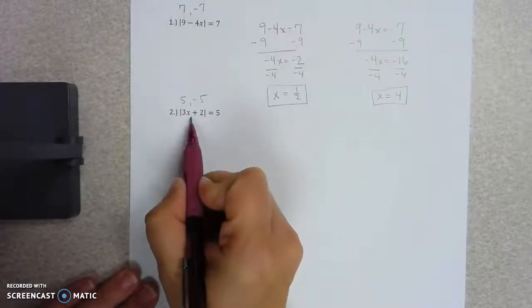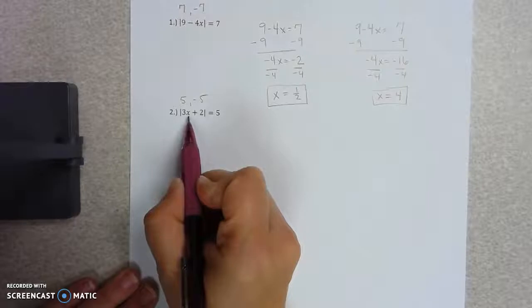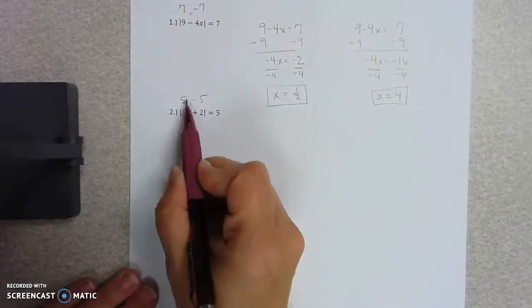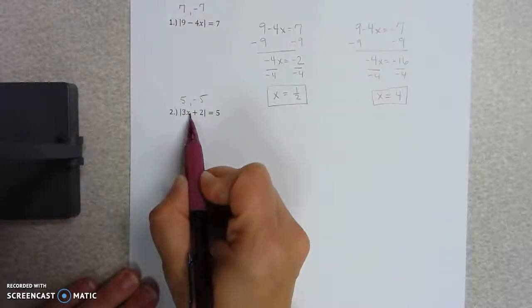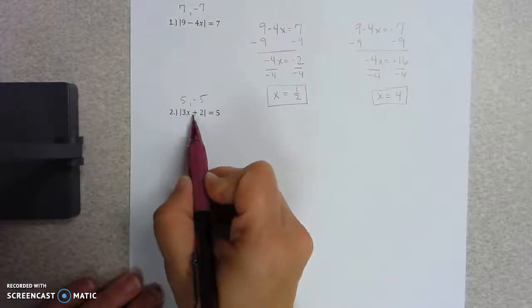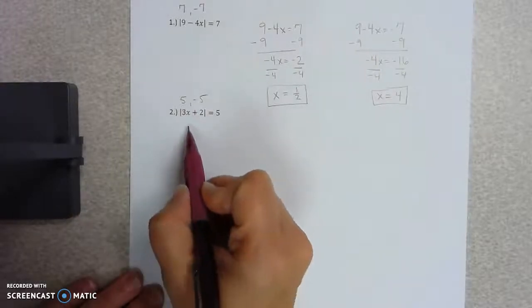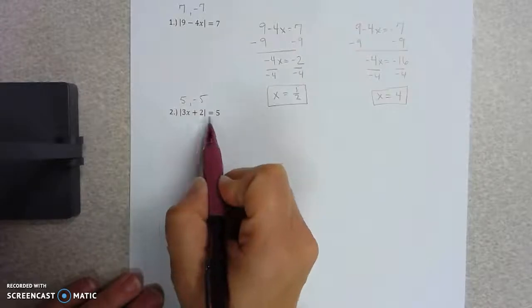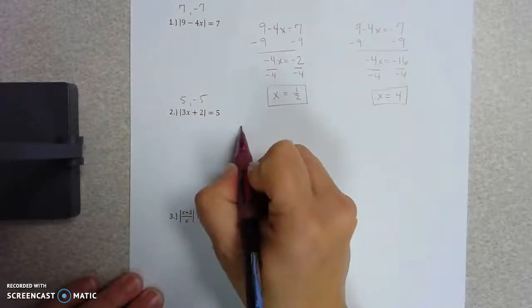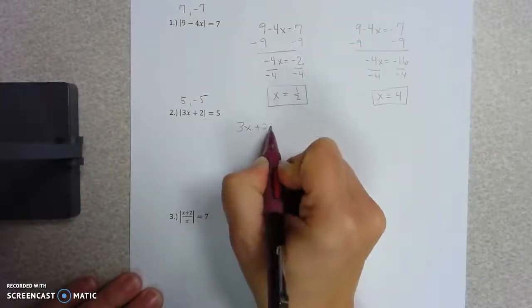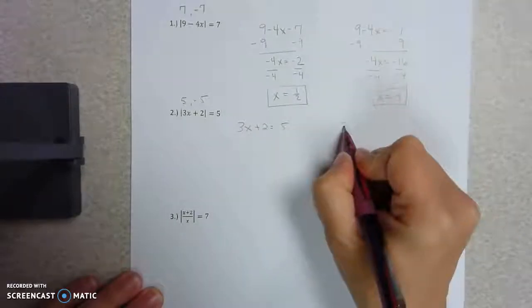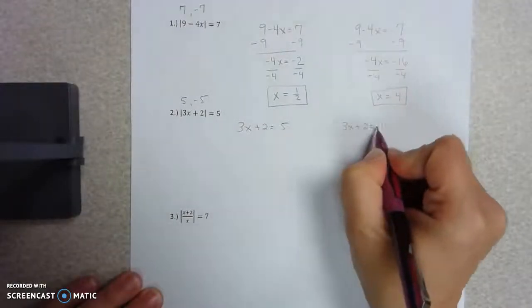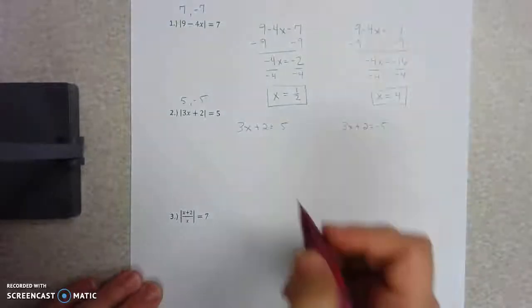So we have to determine what we can fill in for x so that 3x plus 2 will equal 5, and what we can fill in so that 3x plus 2 will equal negative 5. So we're going to work it out twice: 3x plus 2 equals 5, and 3x plus 2 equals negative 5.